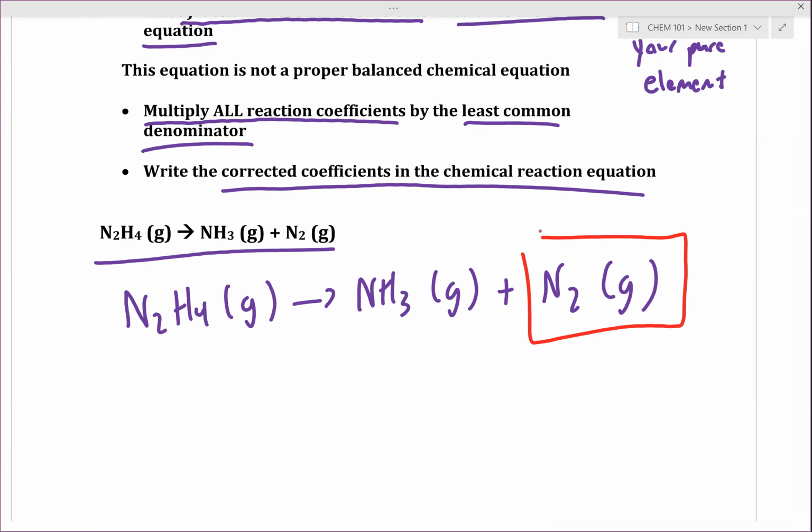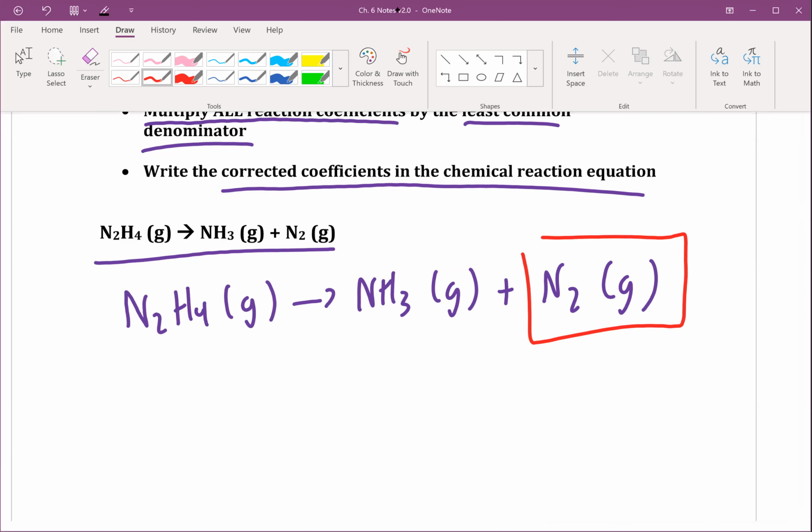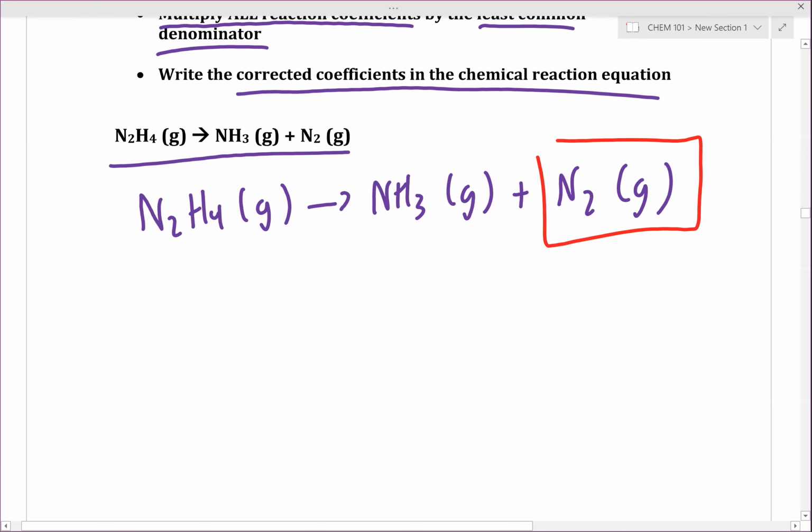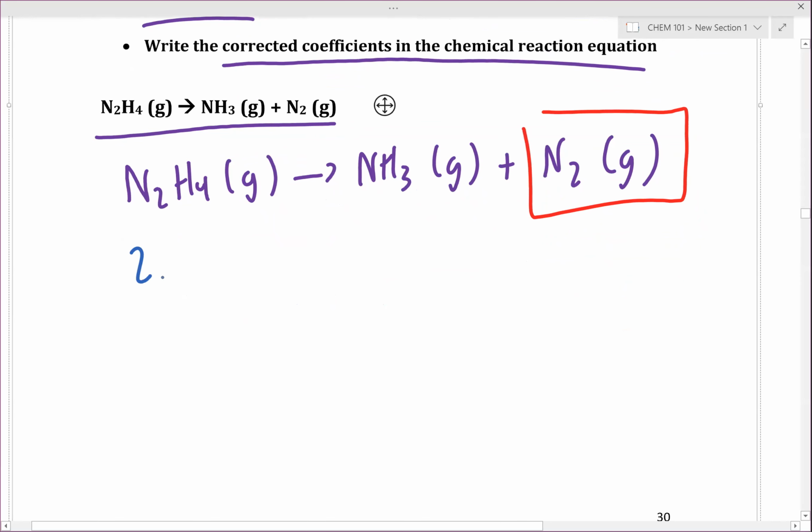The pure element will always be by itself. Yes, it can be either monoatomic, diatomic, or polyatomic, as long as it's a pure element in the chemical formula on the reactant or product side. Now, let's do a count. On the left-hand side, we have 2 nitrogens and 4 hydrogens.